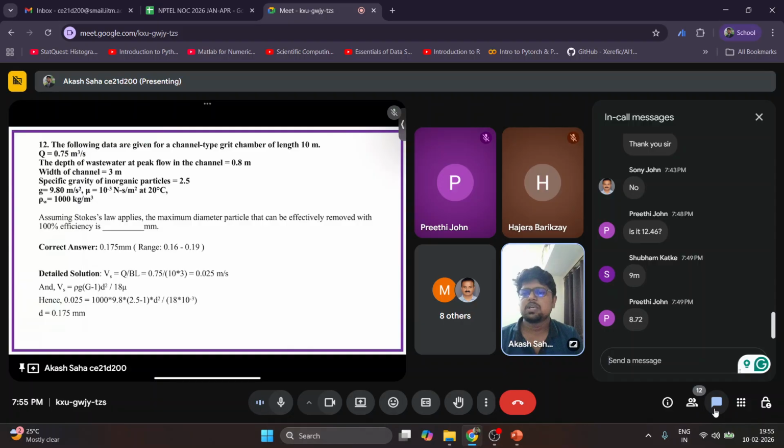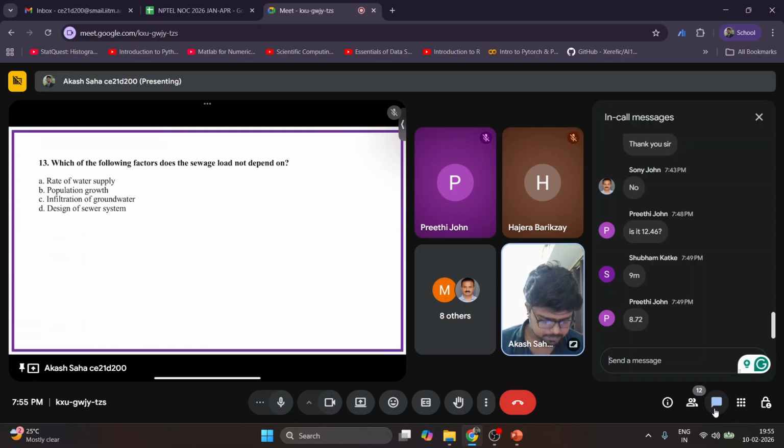Many a times people may take 1000 kg per meter cube as 999 kg per meter cube in some textbooks, and approximation errors will be accommodated within this range. If there is no chance of any error, then the range will be one particular value. Otherwise, for a case like this, there will be a particular range.